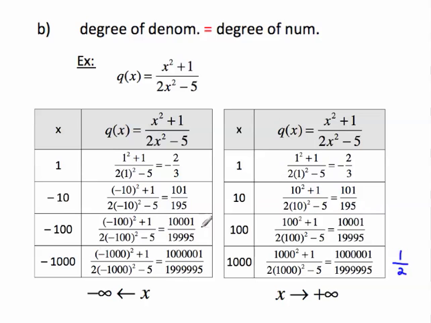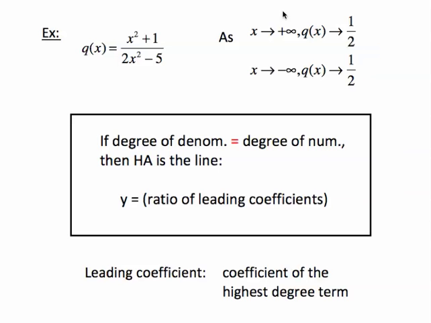So again, you're seeing that the y value is always getting closer and closer to a half as the numbers get larger and more negative. In other words, as x goes to positive infinity, the function is getting closer to a half, and same as it goes to negative infinity.